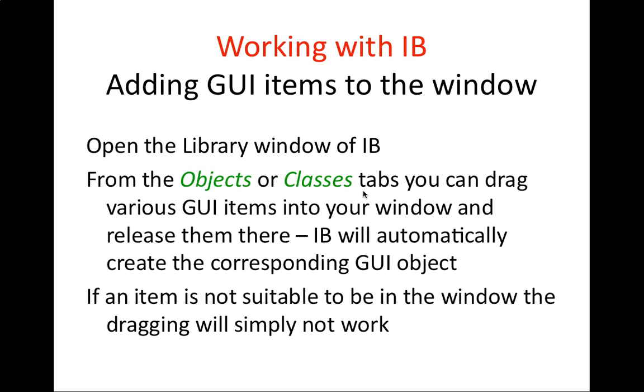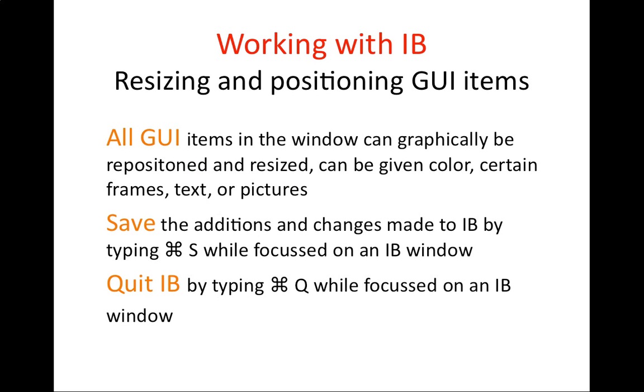And then when we drag the object to the .h file, we can create the entry in the code that matches up with the object that's on the canvas. If an object is not suitable to be in the window, the dragging will simply not work. That's kind of user-friendly in that way, except it's not going to tell you that it's not suitable.